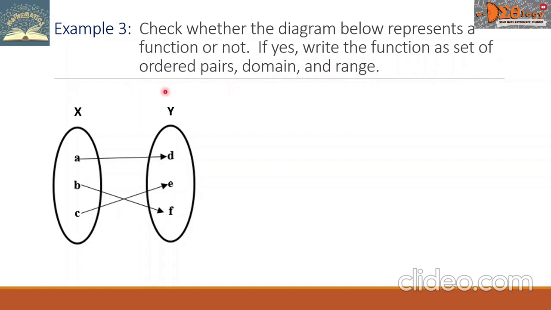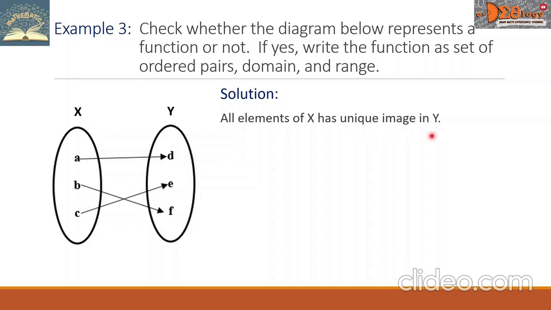We have the two sets, set X and set Y. These are the elements of X, these are the elements of Y. We can see that all elements of set X have a unique image in Y, or we say that there is only one arrow from any element of set X going to an element of Y. Then we say that this diagram represents a function.